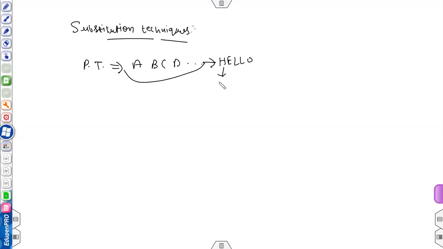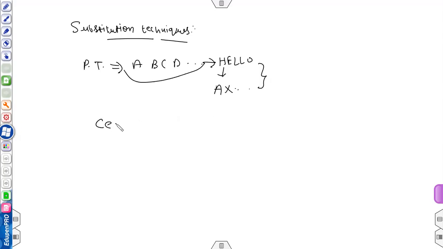We may replace each letter with different letters, say H will be replaced with A, E will be replaced with X, and so on. If this replacement is logical, then we call it a cipher technique.